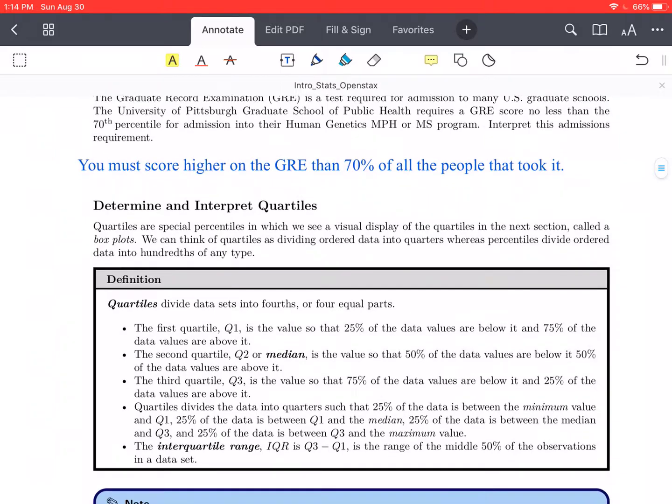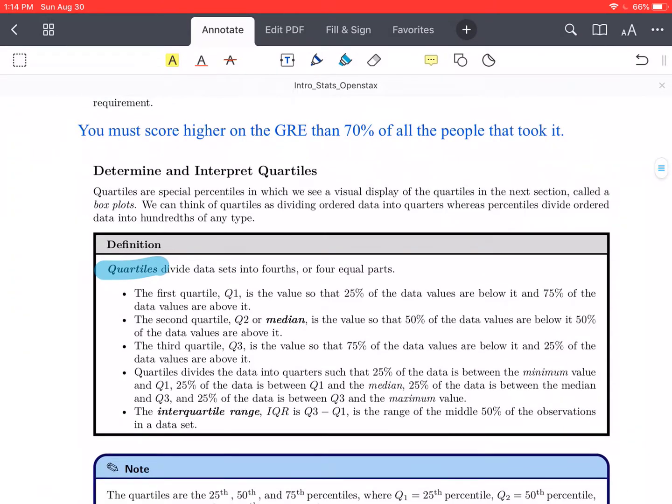So now the concept of a percentile brings us into what we call quartiles. So a quartile is actually how we divide up data. When we're looking at large sets of data and we want to look at kind of groupings of it, we group it into quartiles. So there are going to be 3 quartiles. The first quartile, which we call Q1, has 25% of the data below it and 75% above it.